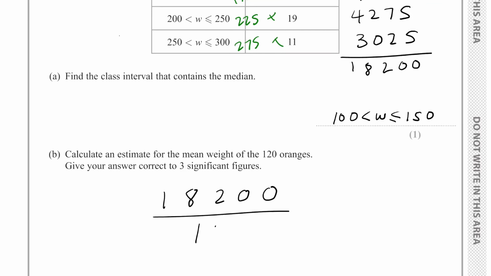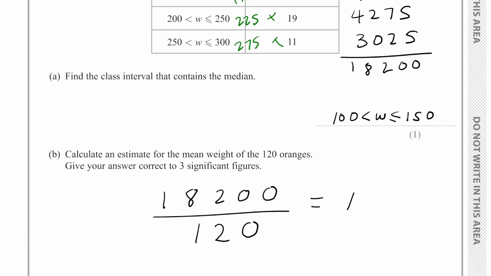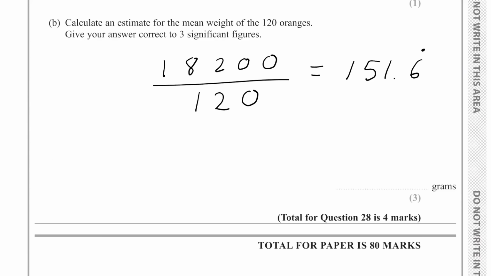There are 120 oranges. So divide by 120 and we get 151.6 recurring grams. The question wants our answer to 3 significant figures. So that will be 152 grams.